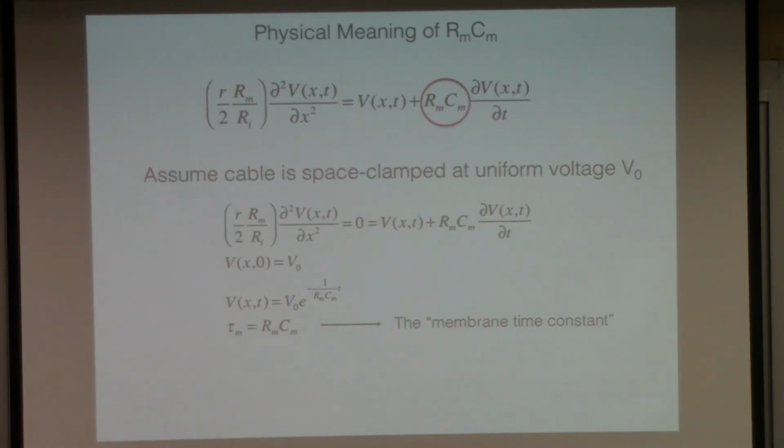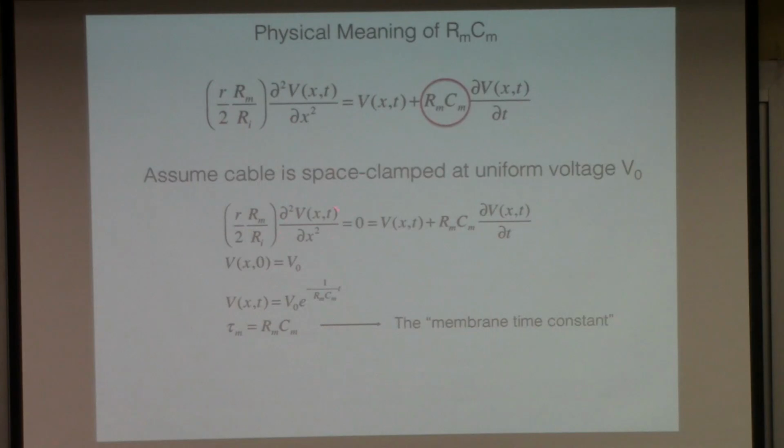So you have leakage of charge out through the membrane, and whatever happens to potential, it will happen uniformly along the cable. And you're right, it so happens that the way in which that potential drops is at an exponential rate. You can prove that by assuming we initially space clamp the cable at some uniform voltage.